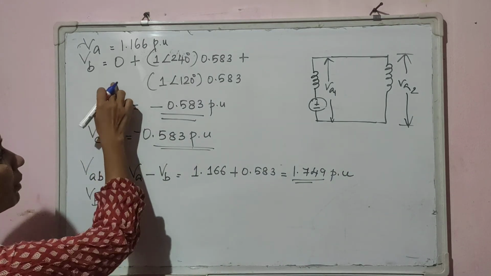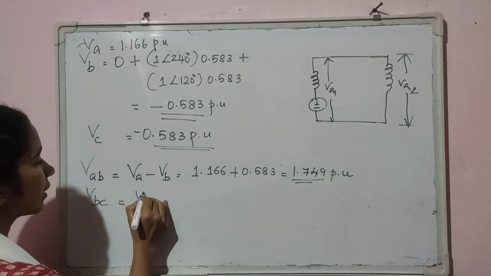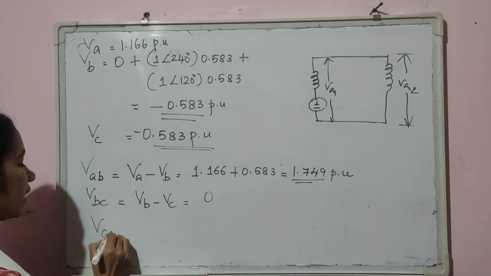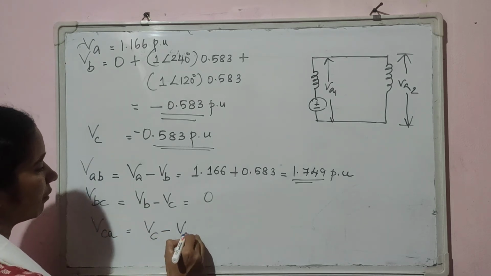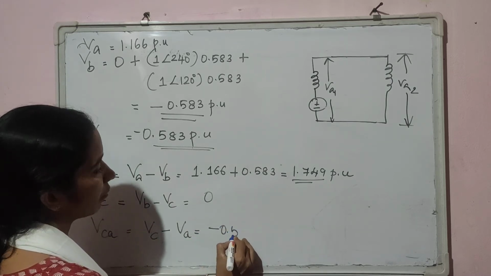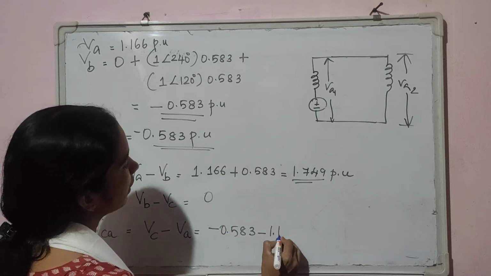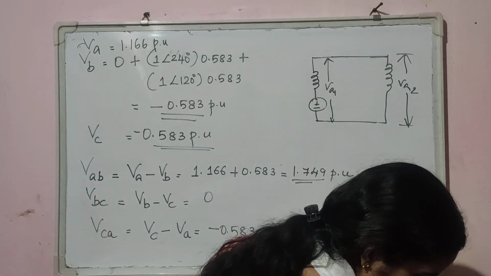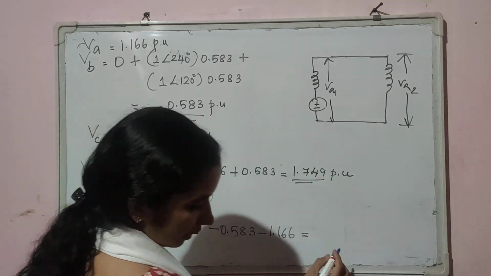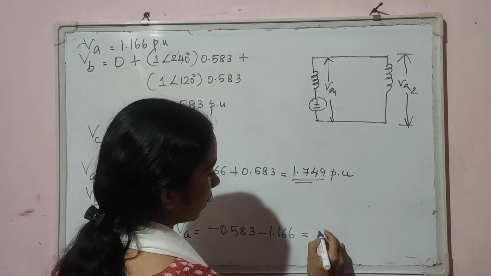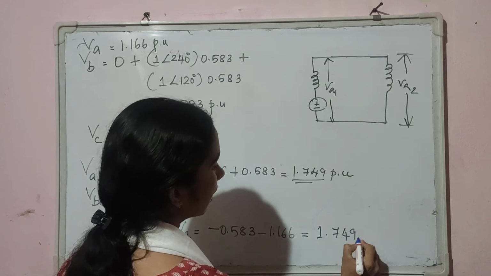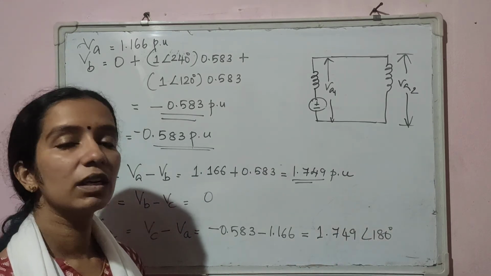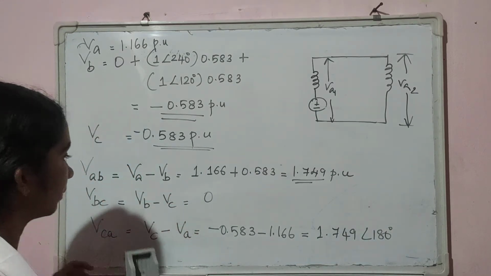Okay. Now VBC. We got VB is equal to VC. So VBC is VB minus VC is equal to 0. And the last one is VCA, which is equal to VC minus VA, that is minus 0.583 minus 1.166, and that will be equal to minus 1.749, that is 1.749 angle 180 degree.